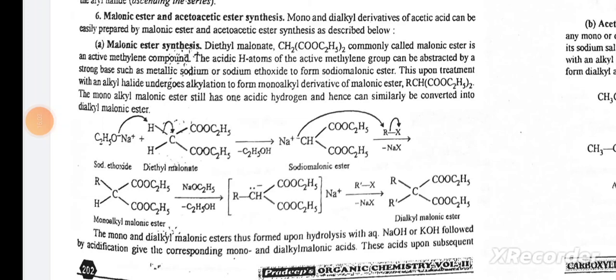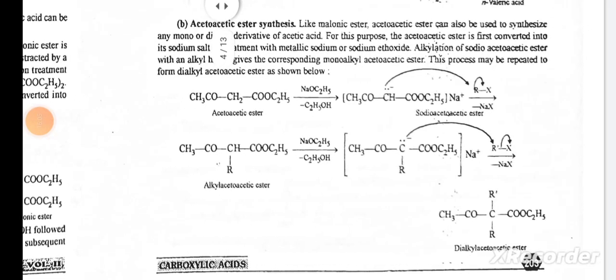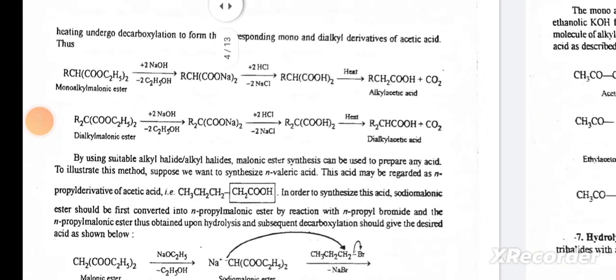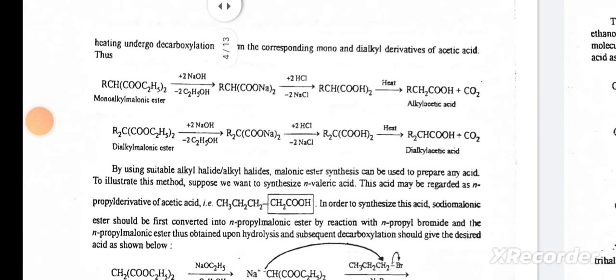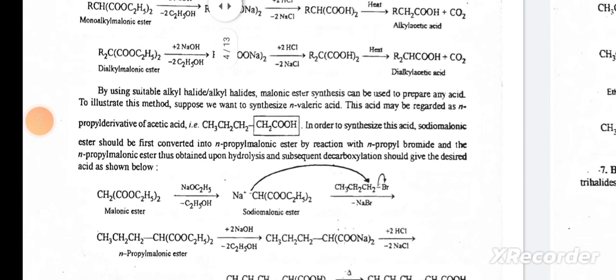These acids upon subsequent heating undergo decarboxylation to form the corresponding mono and dialkyl derivatives of acetic acid. Thus, monoalkyl malonic ester, alkyl acetic acid, dialkyl malonic ester, dialkyl acetic acid. By using suitable alkyl halides, malonic ester syntheses can be used to prepare any acid.